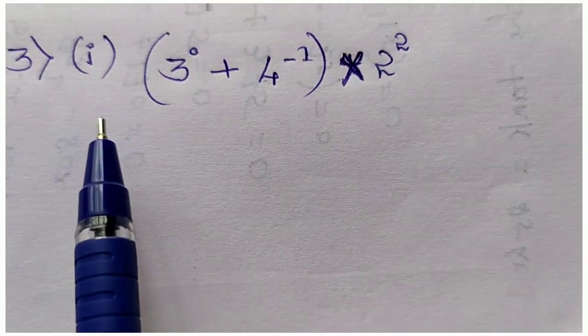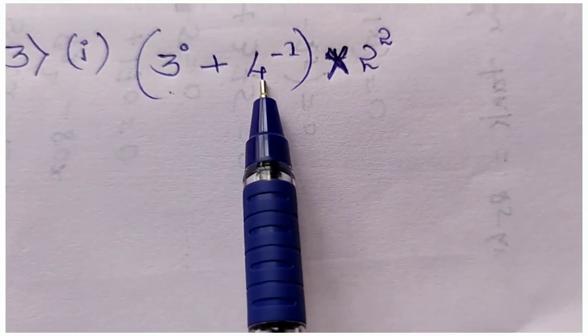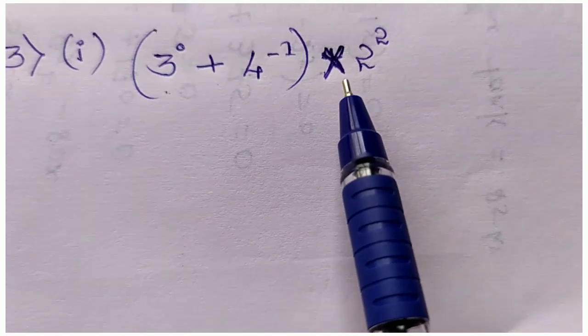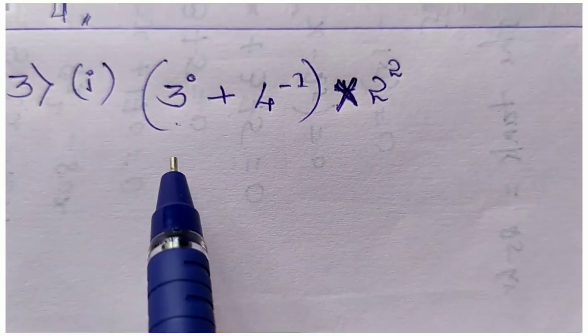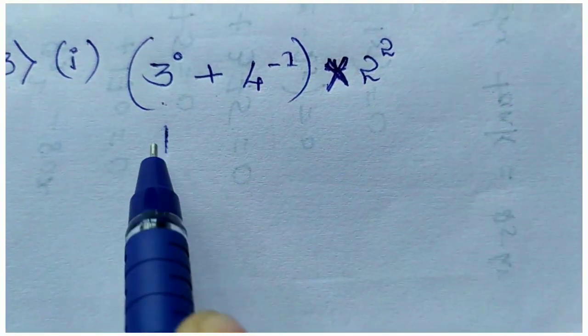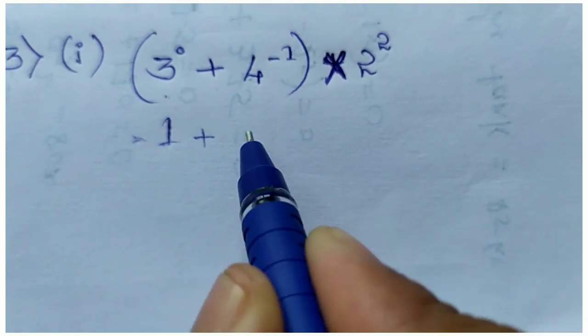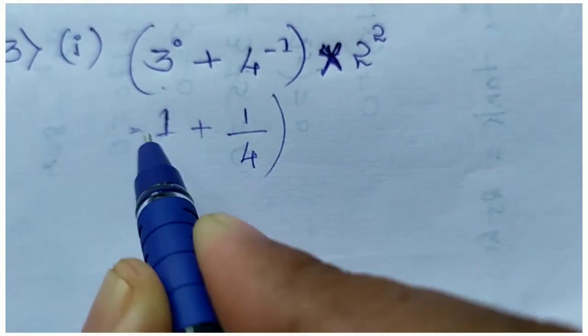So in third main, first one, 3 to the power 0 plus 4 to the power minus 1, whole bracket, into 2 square. So 3 to the power 0, here we will get 1, plus 4 to the power minus 1, we will rewrite this one as 1 by 4.